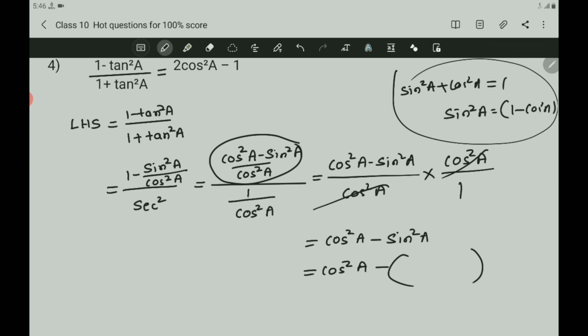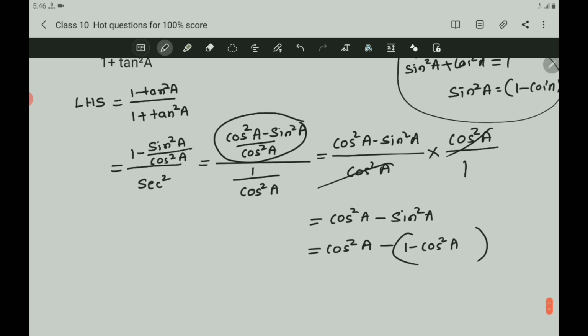So you can use this here. That becomes cos²A minus (1 minus cos²A), which equals cos²A, open the bracket, minus 1 plus cos²A.